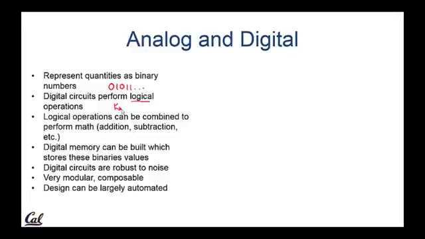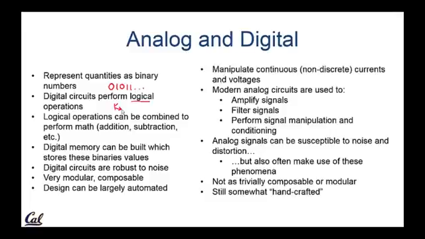Now, analog circuits are a little different. Of course, they're still circuits. They still work with the same currents and voltage concepts that we're about to introduce in the next few videos. But the idea here is that they're not binary. They're continuous. The easiest way to think about it is, let's say the current coming out of a microphone, right?